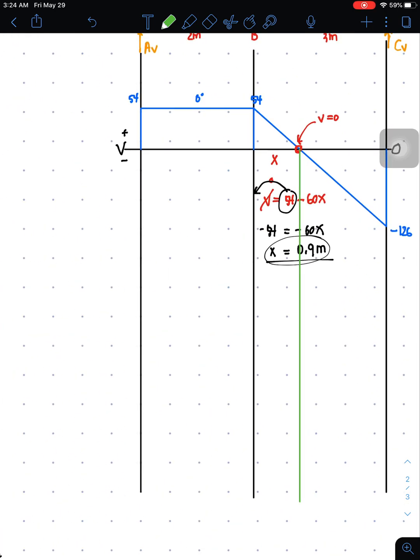Okay, so ang buhatan nato kay madraw na sa taog 0 moment line.